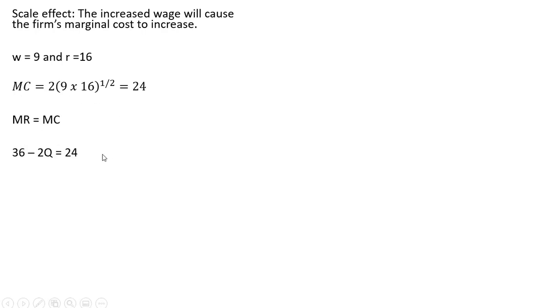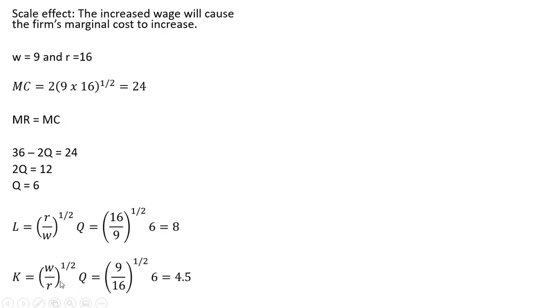So setting marginal revenue equal to marginal cost, the firm does indeed produce less output the higher the marginal cost. And so now, with this higher marginal cost, producing only 6 units of output at these input prices, the firm would only use 8 units of labor and 4.5 units of capital.